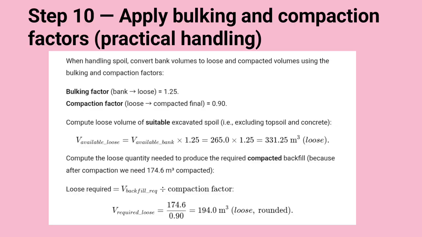Loose volume needed for backfill equals 174.6 divided by 0.90 is equal to 194 cubic meters. Loose surplus equals 331.25 minus 194 is equal to 137.25 cubic meters. Converted back to bank, this is roughly 110 cubic meters surplus. This confirms again that no borrow fill is required.